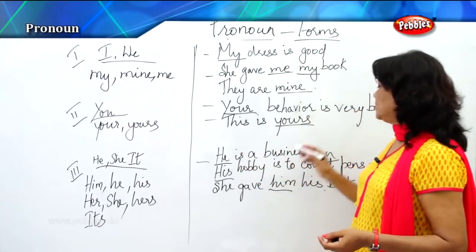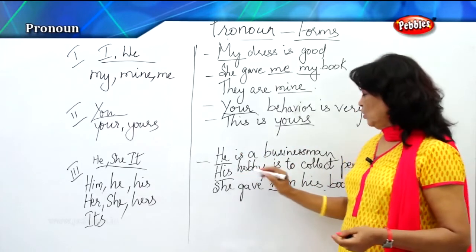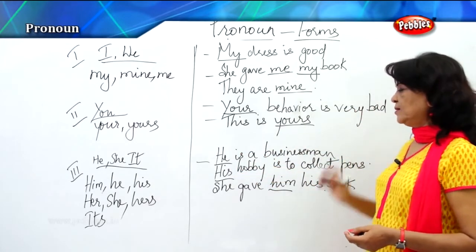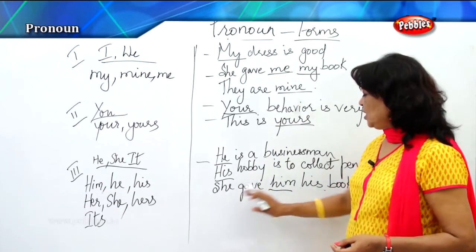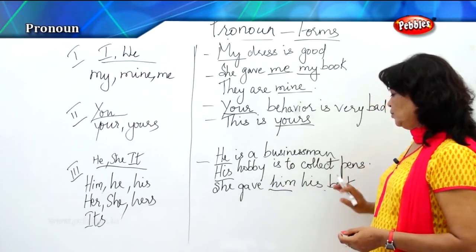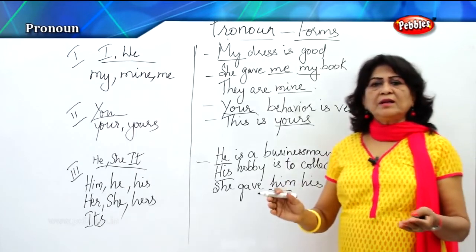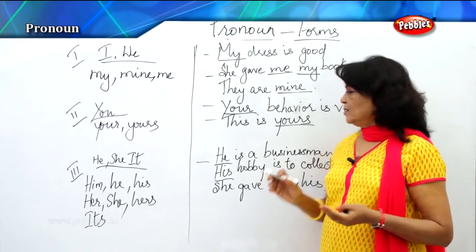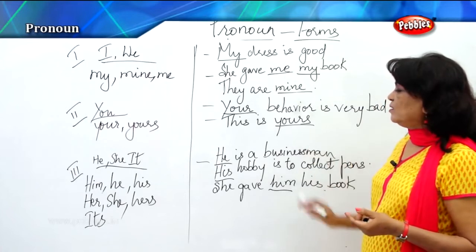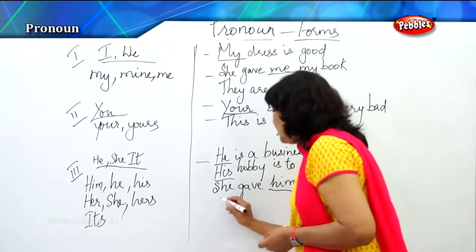In the same way we can use she. She is a business woman. Her hobby is to collect pens. She gave her book. Okay, so there are many ways we can use it. The same way we can use it.